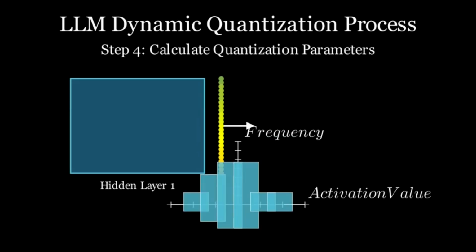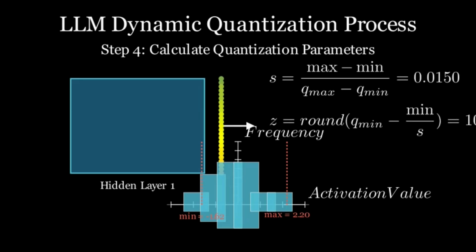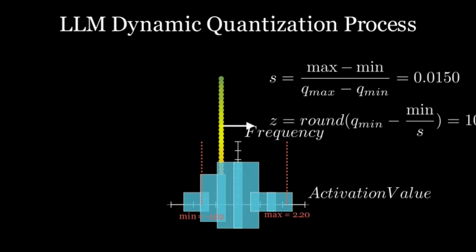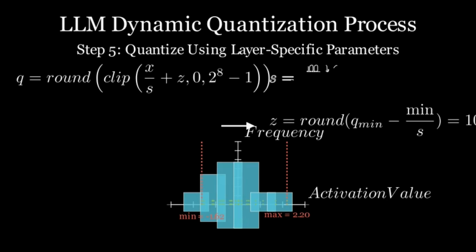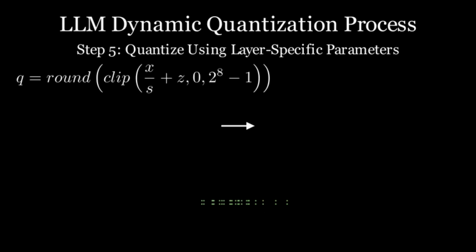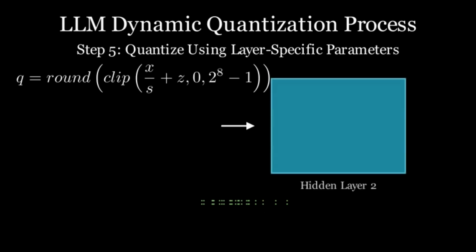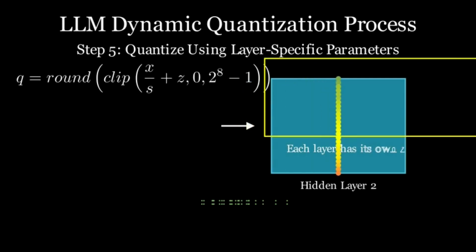Once that is done, we calculate the quantization parameters, zero point Z and scale factor S. These values are then used to quantize the layer-specific parameters. This process is repeated each time data passes through a new layer. Therefore, each layer has its own separate parameter values and therefore different quantization schemes.